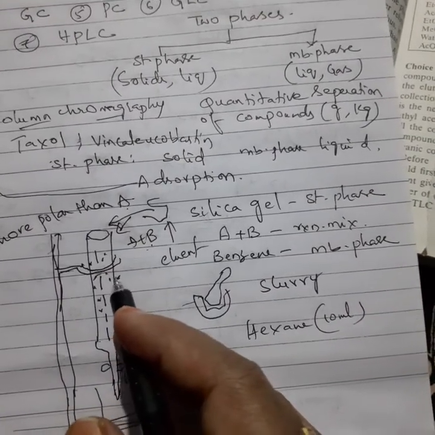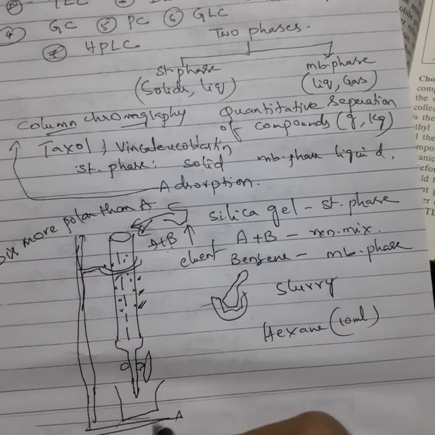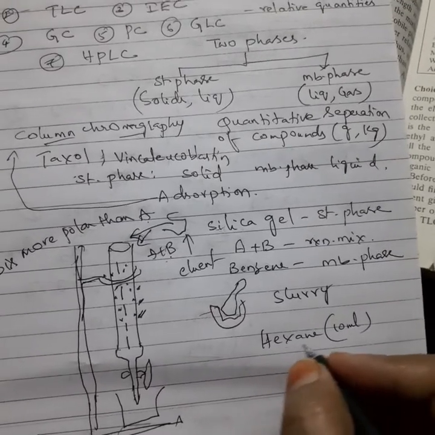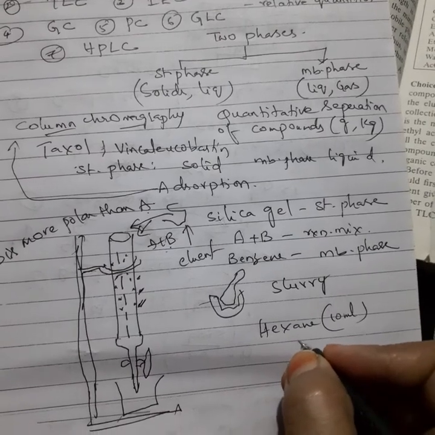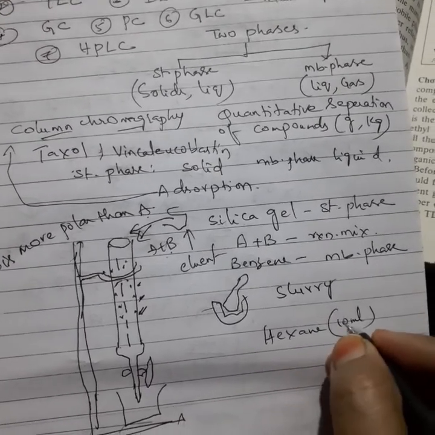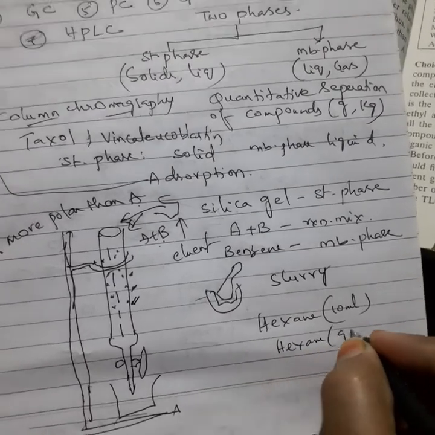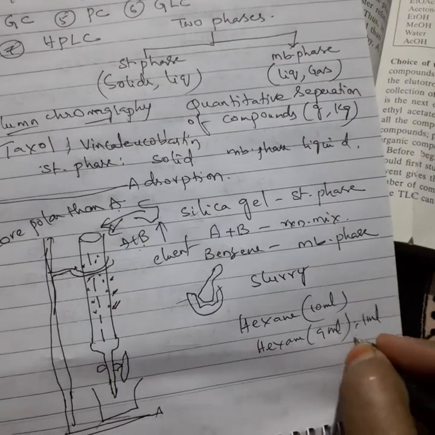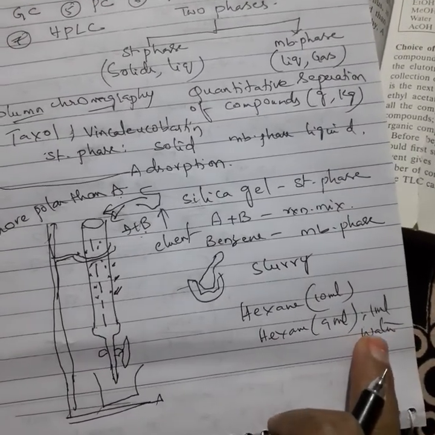Let us suppose it is not separating A and B quickly. In such conditions, you need to increase the eluent's polar nature. That means you take 9 ml hexane and add 1 ml water. Its polar nature is increased, isn't it?